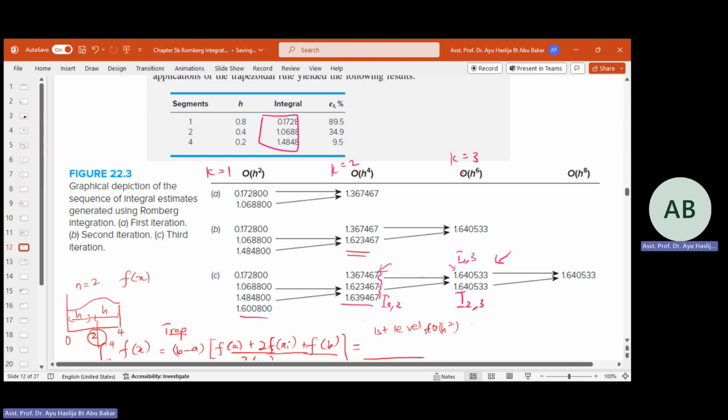Okay, for level 6, you use a different equation from just now. For level 6 here, the equation that you should use is this, not the 4/3 anymore.